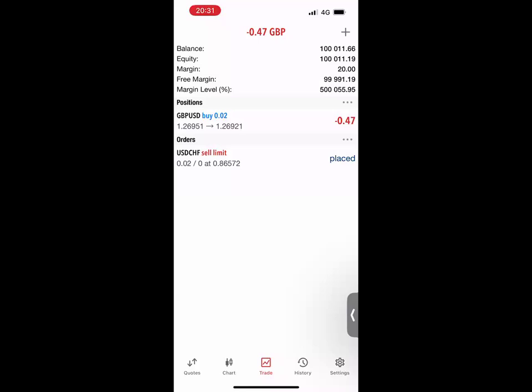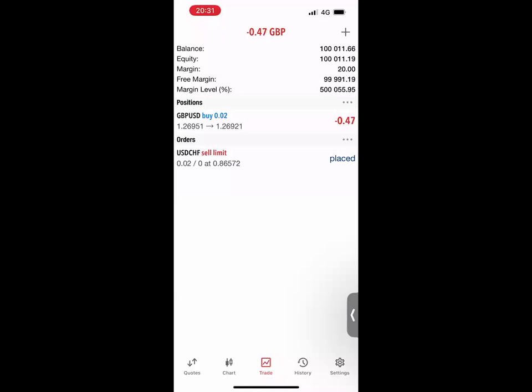Do you understand how taking a trade late impacts your profit or your loss? But because this trade is not yet at TP1, we can still say, once it gets to TP, I'll be in profit.